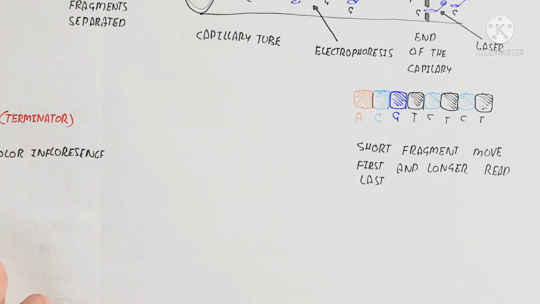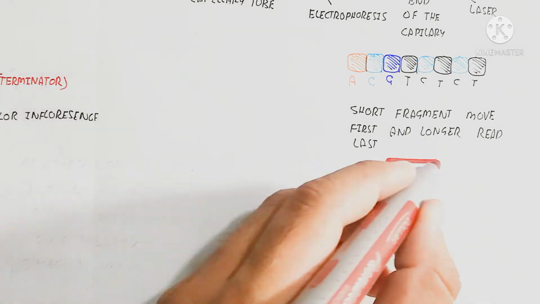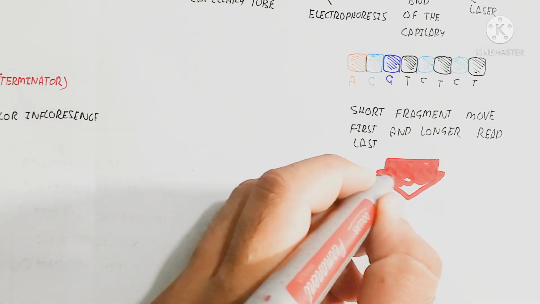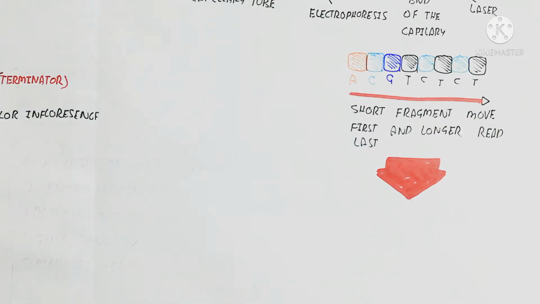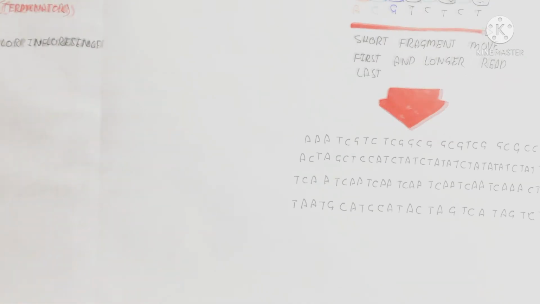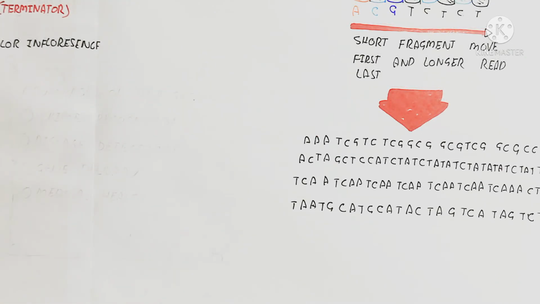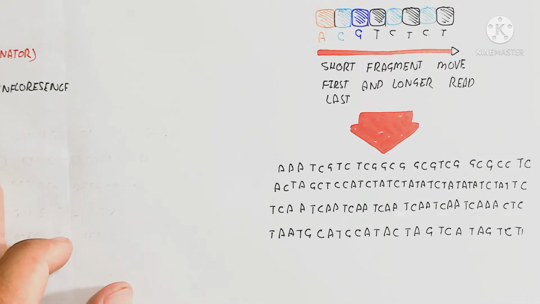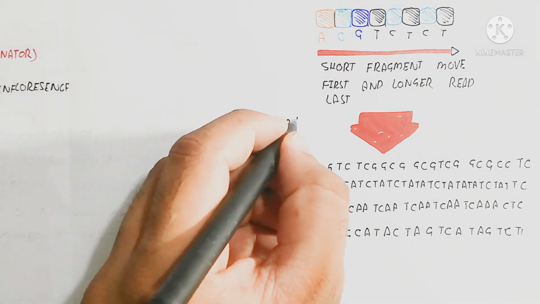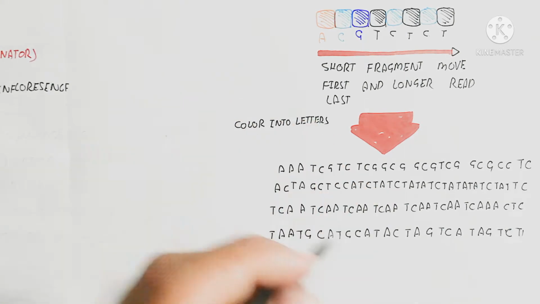So short fragments move first and longer ones later or last. We can classify the colors into letters, and with these letters we can compare one DNA with another and study the genomic properties of the human DNA segment.